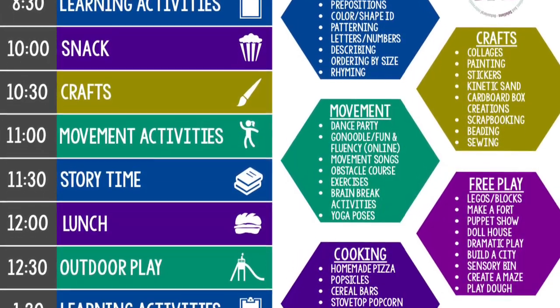The next type of schedule is just a handwritten schedule. So something that's just on the board, on your fridge at home, written out on a child's notebook that just says specifically what is expected during certain times.